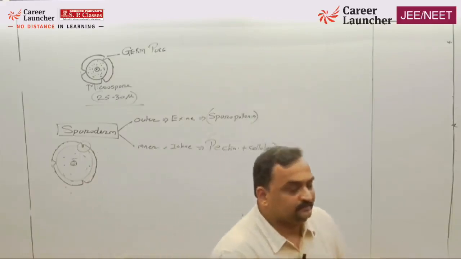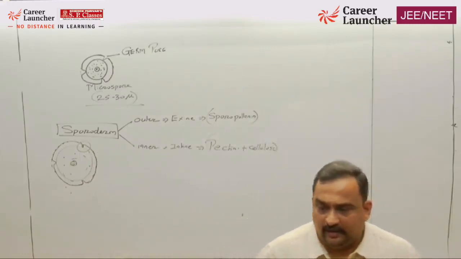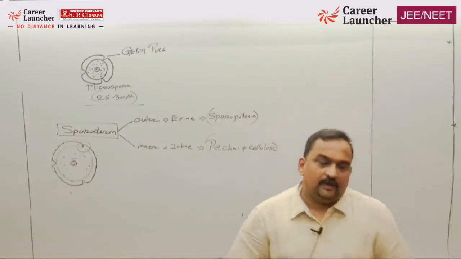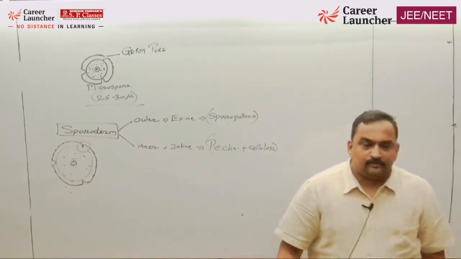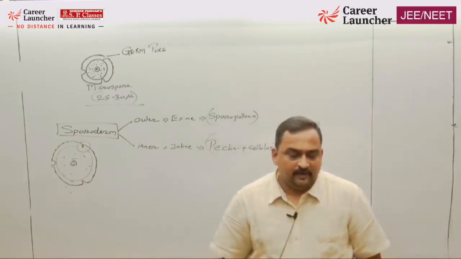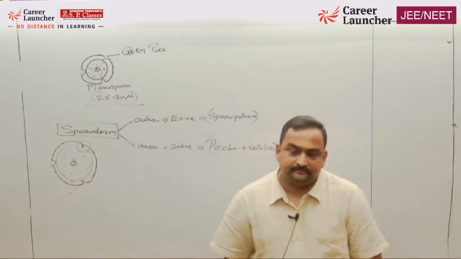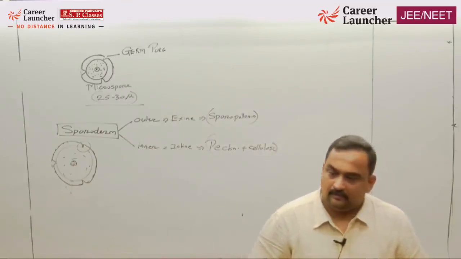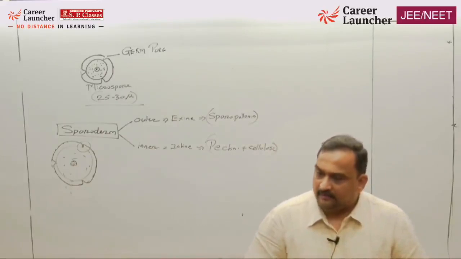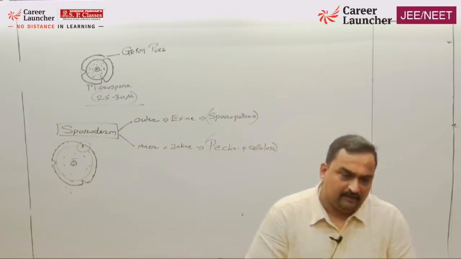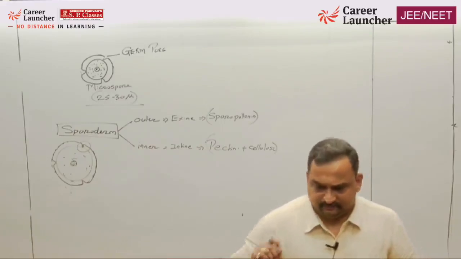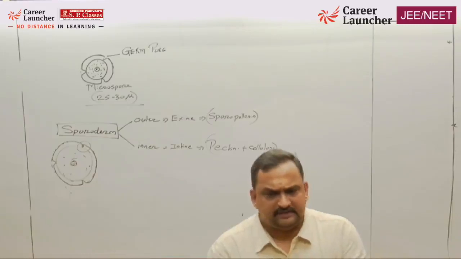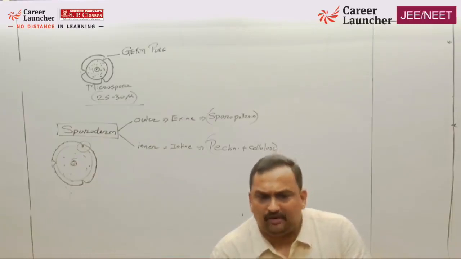What are the two layers? A, exine. It is made up of sporopollenin. Sporopollenin, what I have told you, it cannot be acted upon by any of the enzymes.